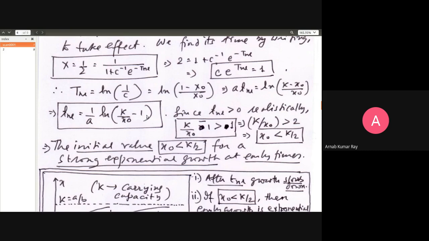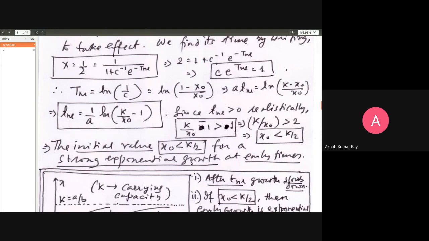Argument of logarithmic functions cannot be negative, right? So this thing must be positive anyway. But since you're talking about time, and a has also by definition been defined to be positive, k by x naught must be greater than 1. Therefore, k by x naught must be greater than 2, and so x naught must be less than k by 2 for a strong exponential growth at early times.